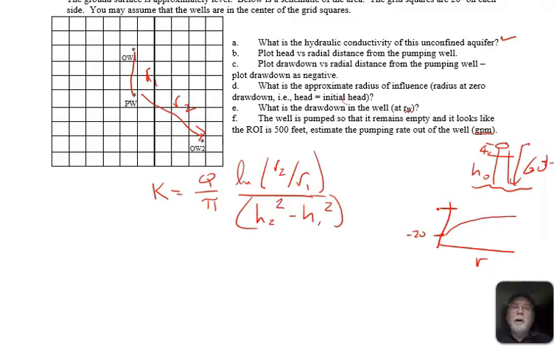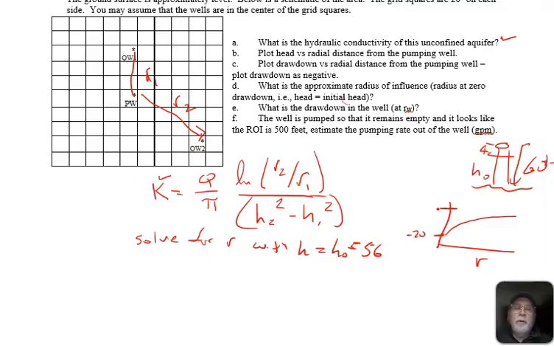What is the approximate radius of influence? Solve this. Now that you have K, you can use one of your other H's for R, with H equals H0, which I guess is 56 feet. What is the drawdown at the well?